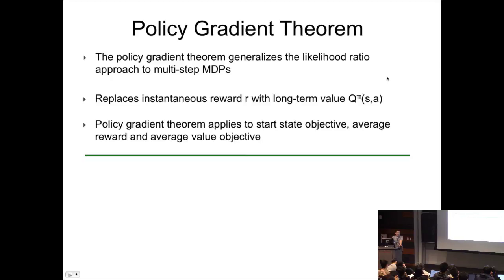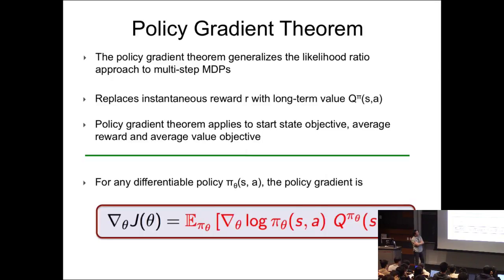Because the Q function is basically telling you the expected discounted reward. So instead of getting the immediate reward, you're replacing it with a Q function. And so the policy gradient applies to the start state objective, average reward, and average value objective. So there's a bunch of different objectives you can use. But for any differentiable policy pi, the policy gradient basically has this form. Okay?